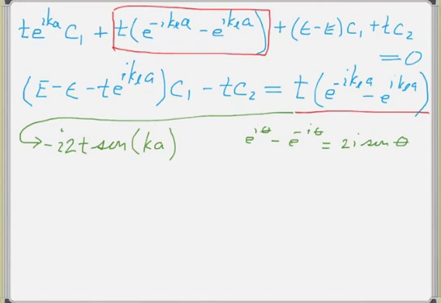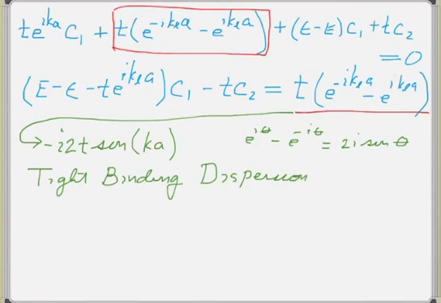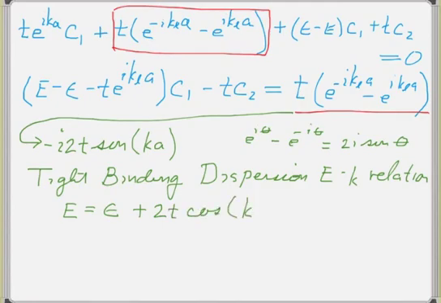But now let's look at our tight binding dispersion, our E versus k relation that we spent so much time on last quarter. In the tight binding 1D model, we know that E is equal to epsilon plus 2t cosine ka.